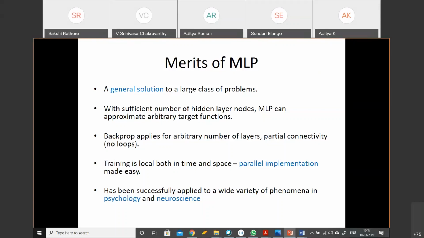Which is a very nice property, because that's how you would imagine the real brain would be working, right? Because in a given synapse, if I have to change something, all that the synapse has access to is information from the presynaptic terminal and the postsynaptic terminal. Something happening many synapses away, it won't be able to know.